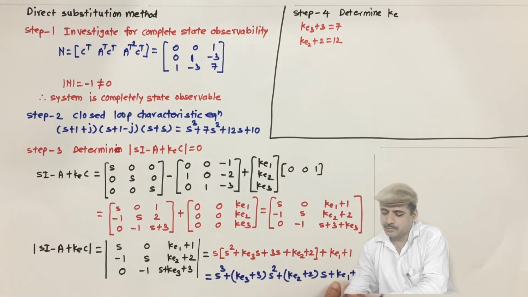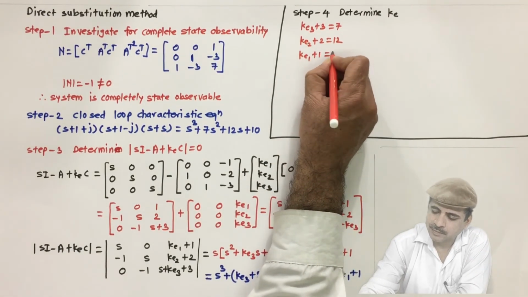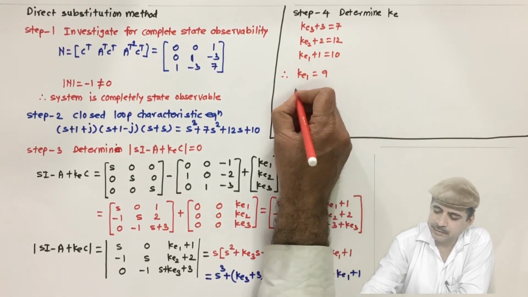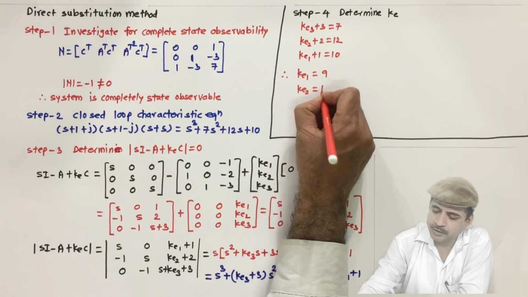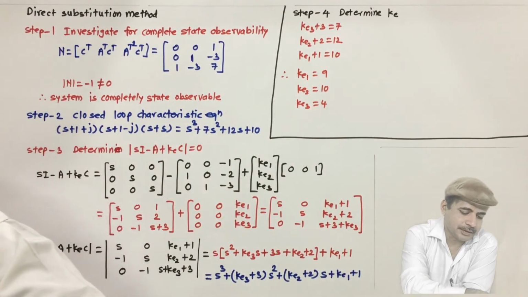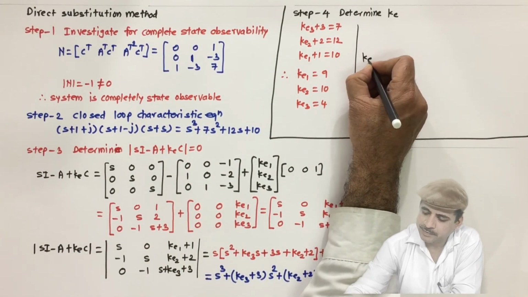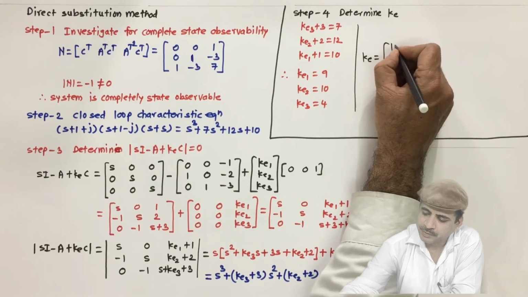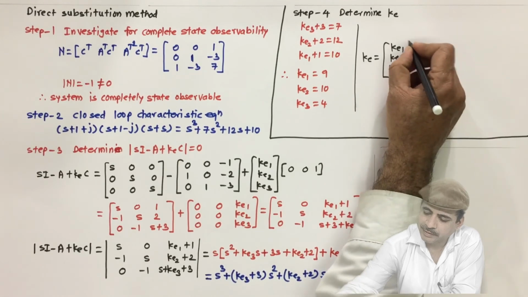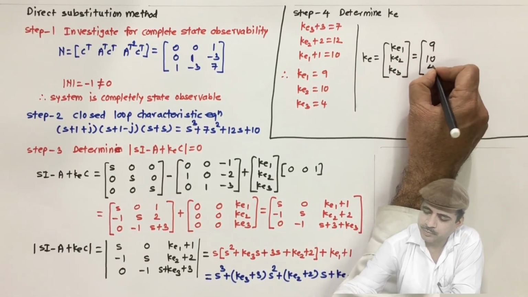And KE1 plus 1 is 10. And this gives me KE1 equal to 9, KE2 equal to 10, KE3 equal to 4. And that means KE is equal to KE1, KE2, KE3, which is equal to 9, 10, 4.